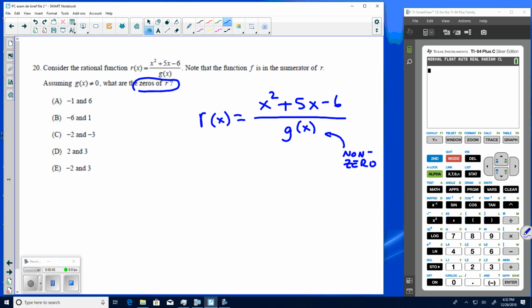Okay, so let's think about just arithmetic, for example. If you have a fraction and it's equal to 0, you know two things. The first thing you know is that b cannot be 0. The denominator of a fraction is never 0. But the second thing you know is that in order for this fraction to equal 0, the top must be 0.